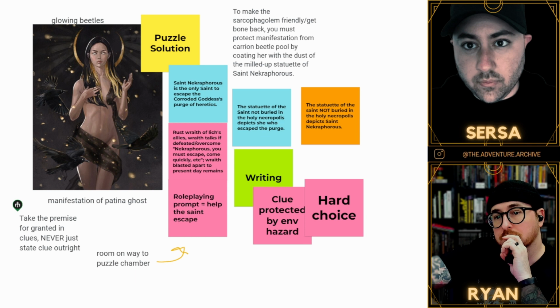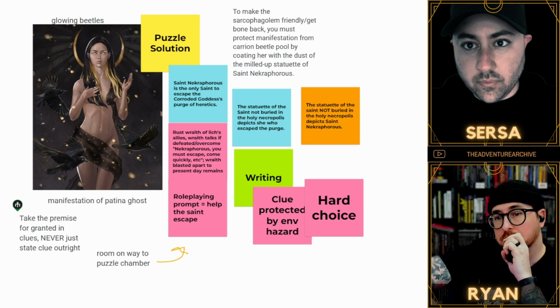She is the saint who escaped the purge, right? It won't name Saint Necrophorus by name because that would break the syllogism. We want to only tie into one of the elements from the first clue, right? So saint to escape the purge.